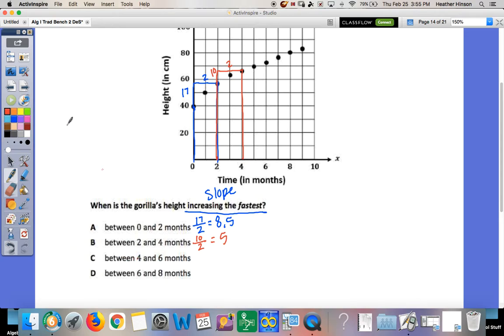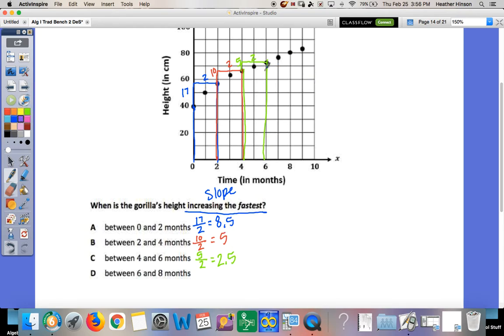Between 4 months and 6 months, I'm going to start about that 67-ish. And it just goes up a little bit, so maybe like 72, 73. So I'm going to say maybe about 5, and it's still 2 months. Just estimating, it didn't have to be exactly perfect. So 5 over 2 is 2.5.